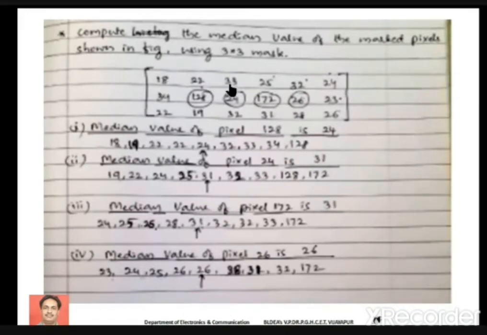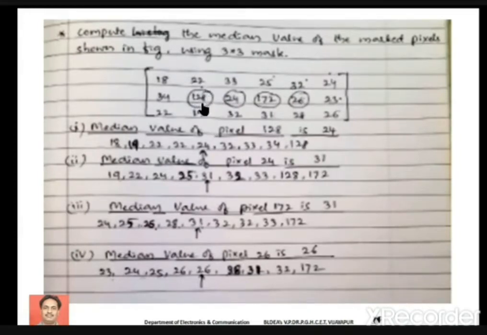The surrounding pixels of 128, including 128, you arrange in ascending order to find the median. If you arrange them, you'll get 18, 19, 22 two times, 24, 32, 33, 34 and 128.